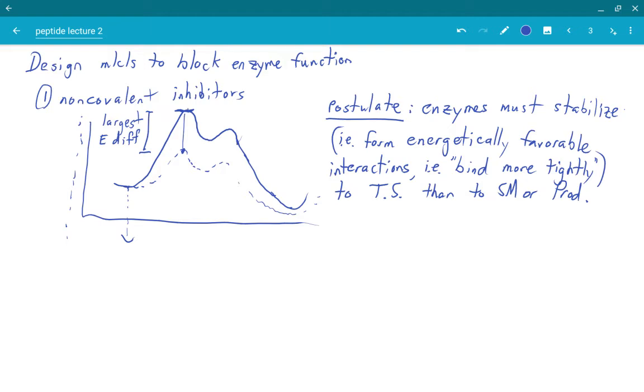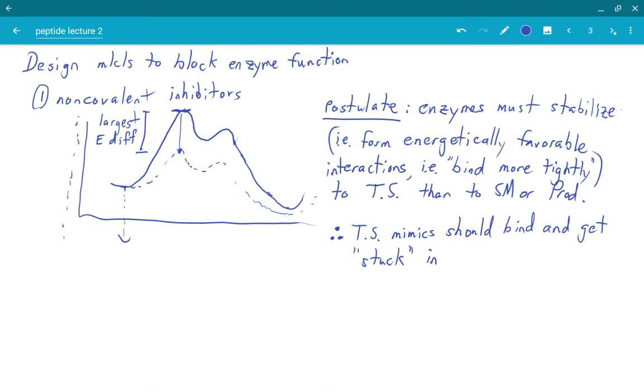So what that leads us to is the conclusion that transition state mimics, anything that looks like a transition state, should bind and get stuck in the enzyme because it's going to bind more tightly than either the starting material or the product, right?